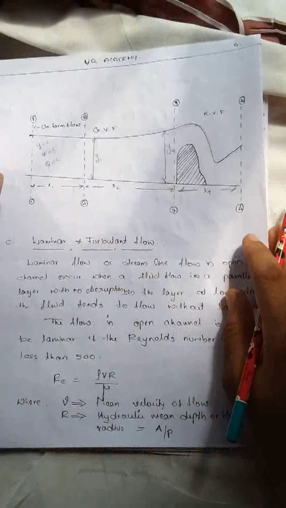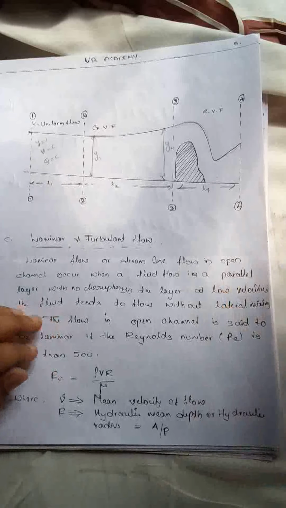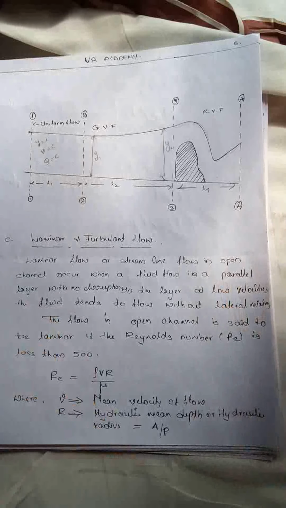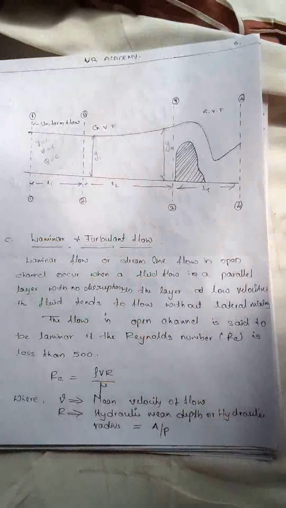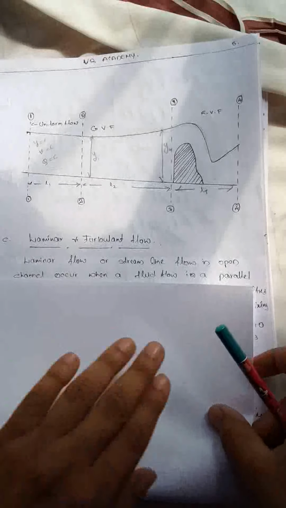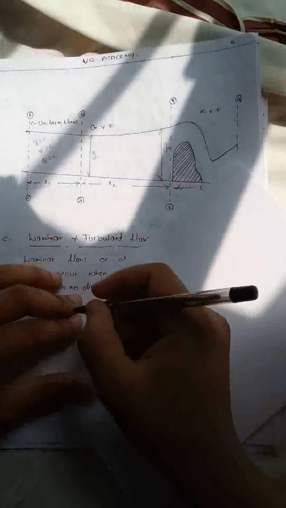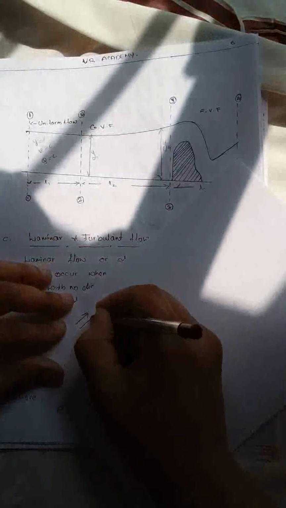Next classification is laminar and turbulent flow. The first one is laminar. Laminar flow means the fluid particles or fluid layers move parallel to each other.